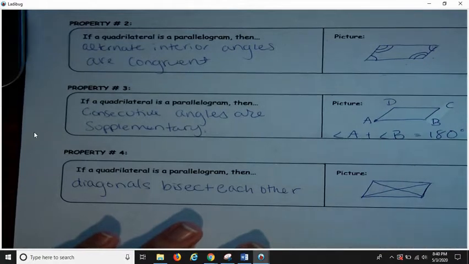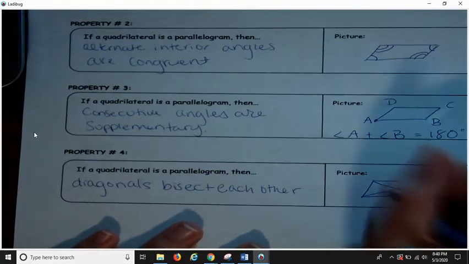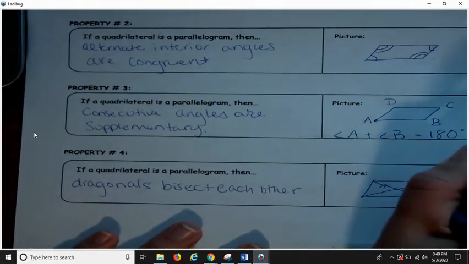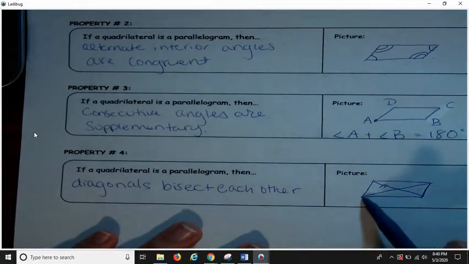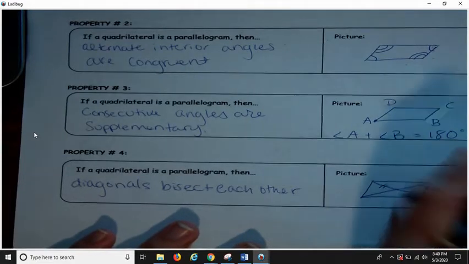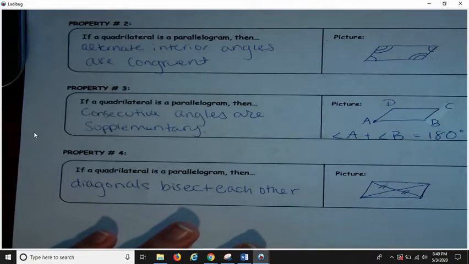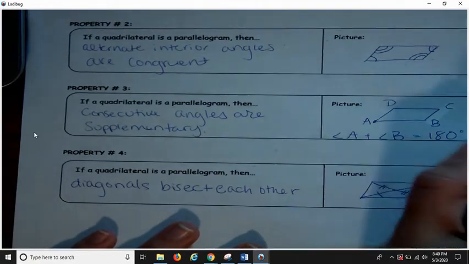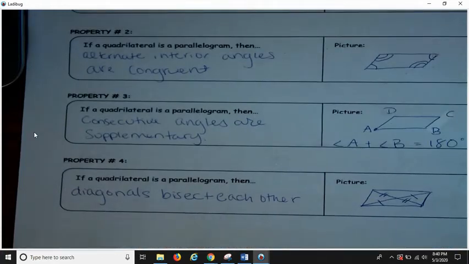So if I draw out my parallelogram, one diagonal, which is a line from one vertex to the one across from it, is going to cut the other one in half, so that this segment right here is equal to that segment right there. And same thing for the other diagonal. Those are our four properties.